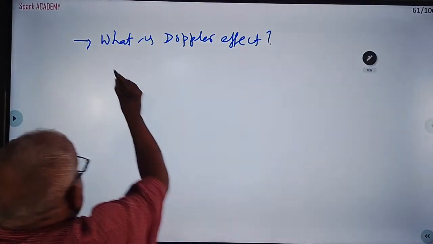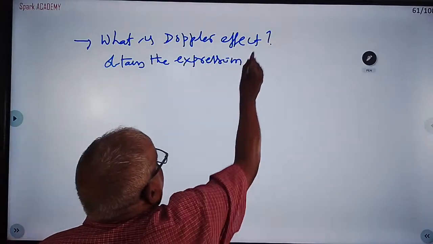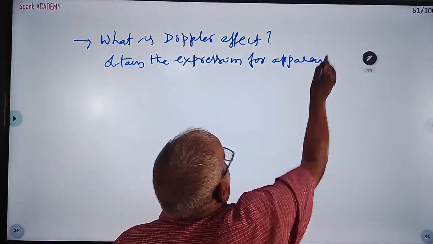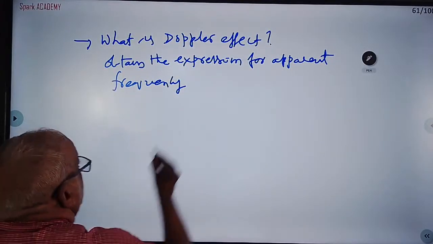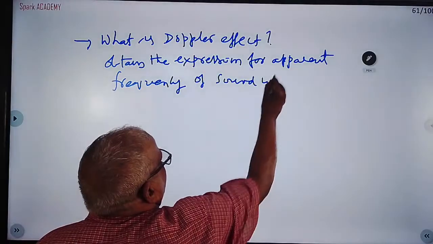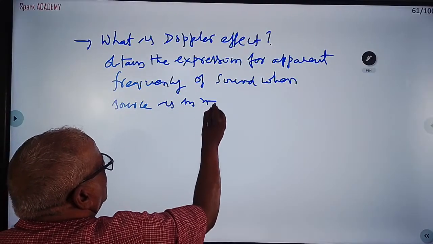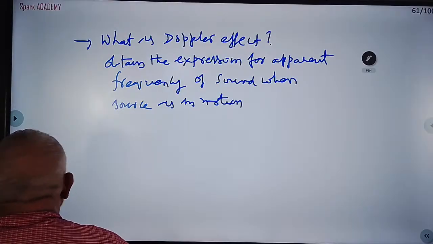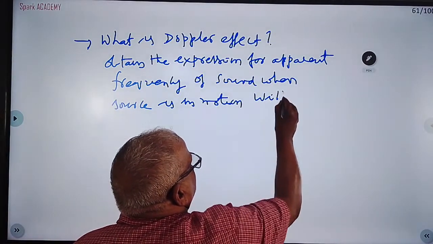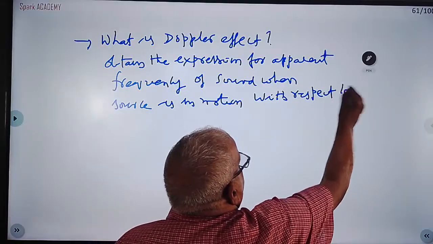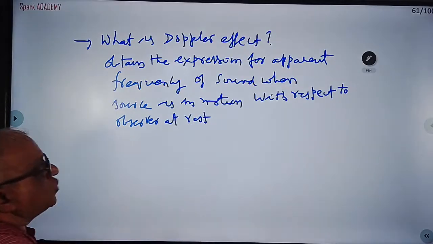Obtain the expression for apparent frequency of sound when source is in motion and observer at rest, that is, source in motion with respect to observer at rest. This one only they are asking in the examination.